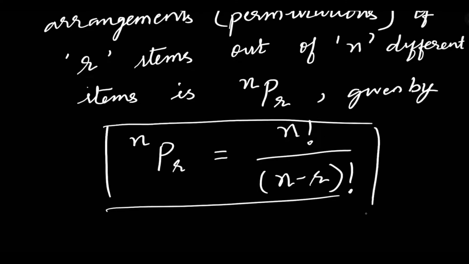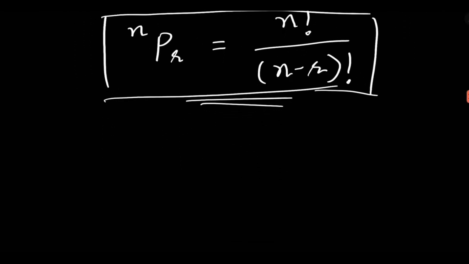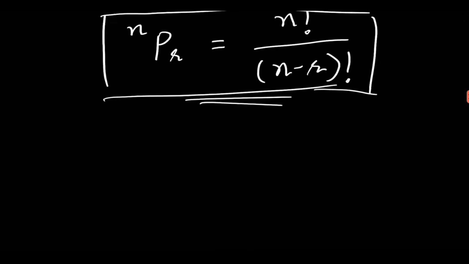So this is the formula for finding the permutation of a given particular situation or for a set of numbers. Now let us see an example for permutations.